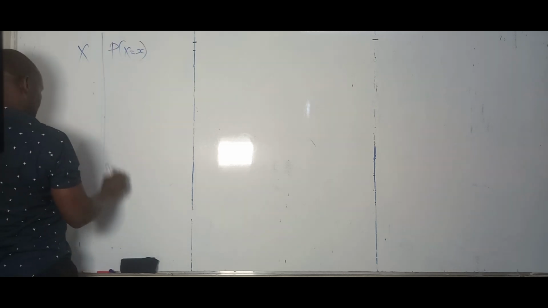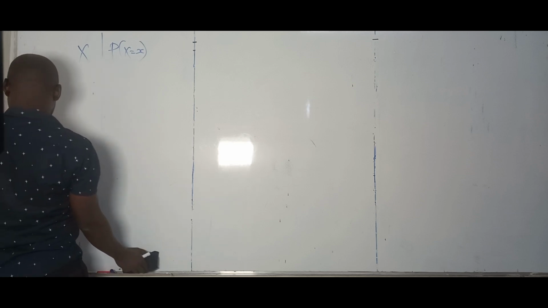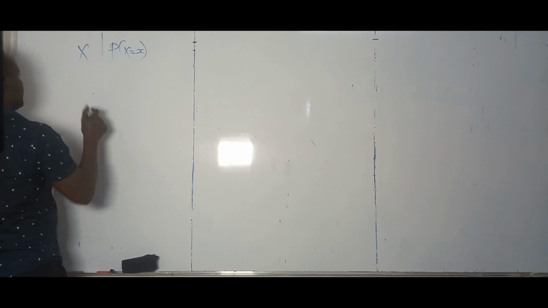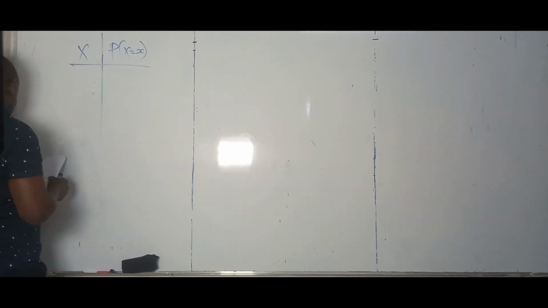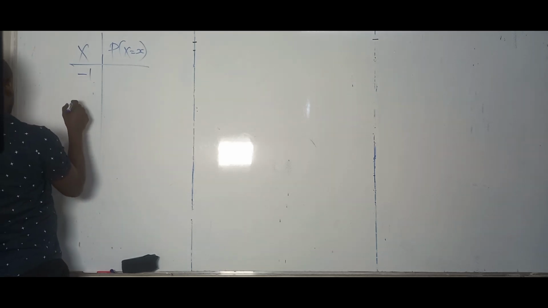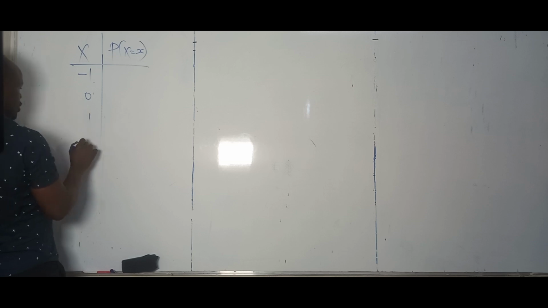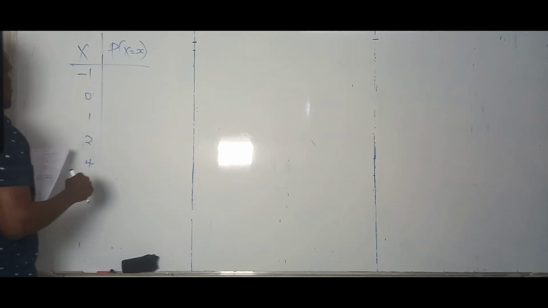Now, this one again is an example of a discrete random variable. We see that X can take the value -1, it can take the value 0, it can take the value 1, it can take the value 2, and it can take the value 4. Those are the possible values that X can take.